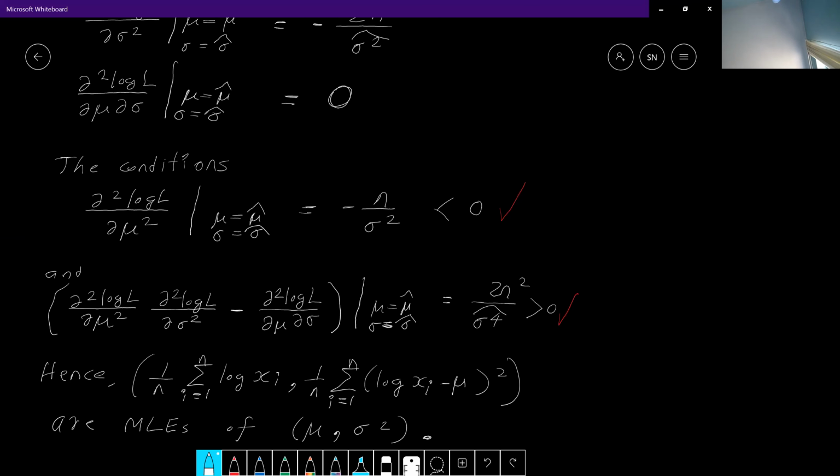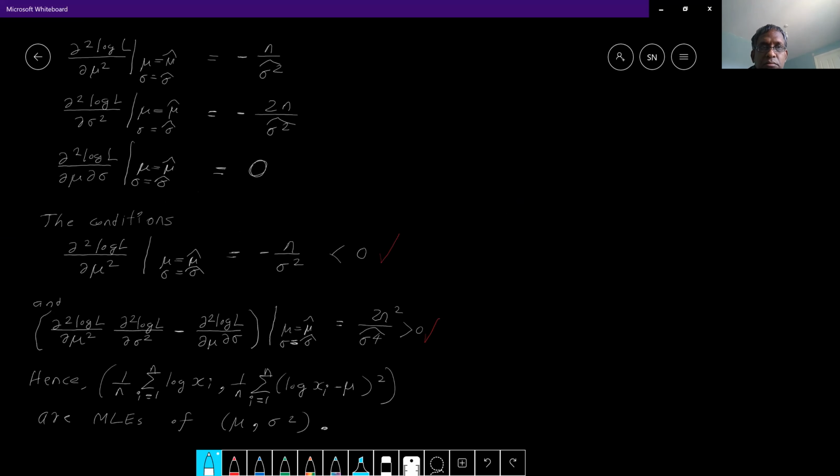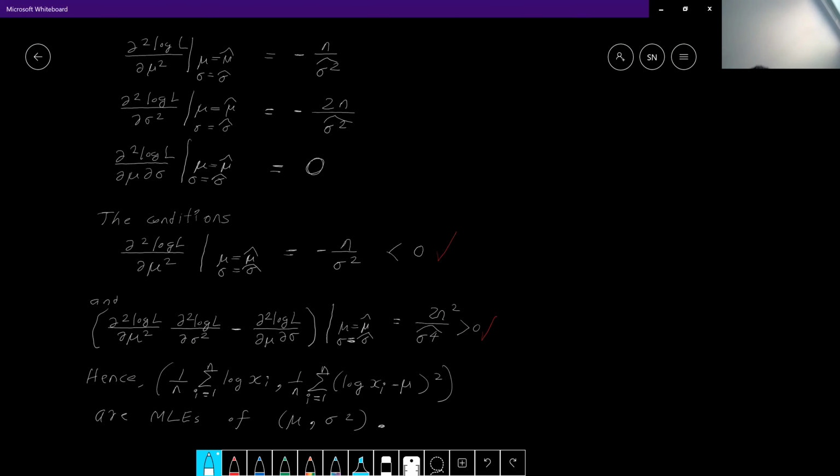Is that clear, guys? This is very similar to the previous example, except you are dealing with the log normal distribution, which is slightly different from the normal distribution, right?